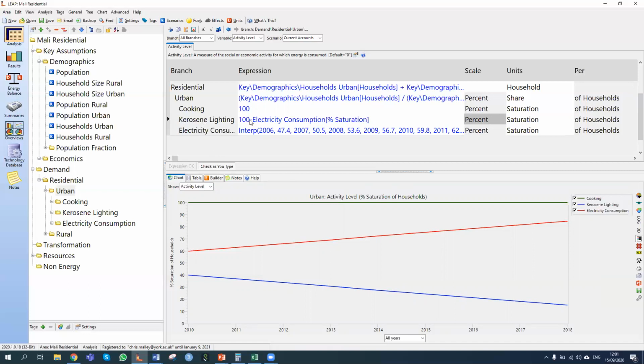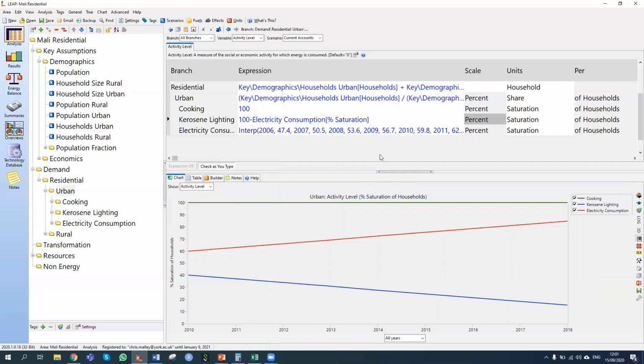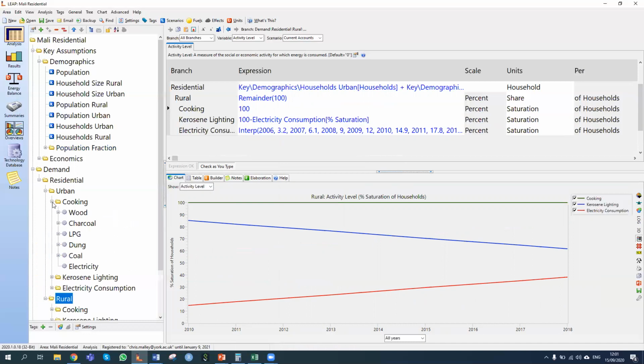So the kerosene lighting is then 100 minus the electricity consumption. So it's 100 minus the number of households who have access to electricity. So that's what that equation is doing there. And we then have the same in rural households, the same activity branches.